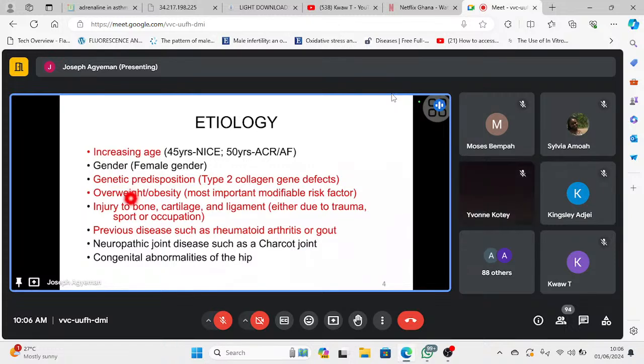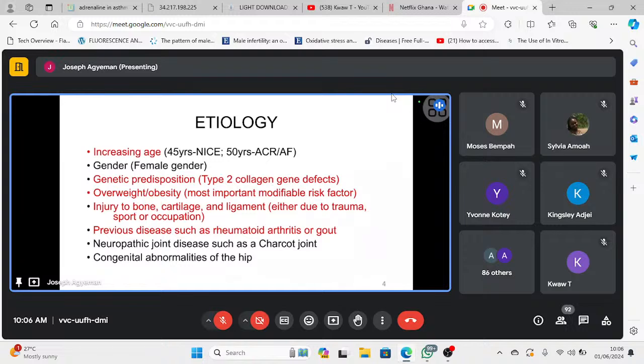The most important modifiable factor is obesity. Weight-bearing joints, for example your hips and your knees, are mostly affected. It is a kind of mechanical stress. You are putting a lot of stress on the joints because of your weight.